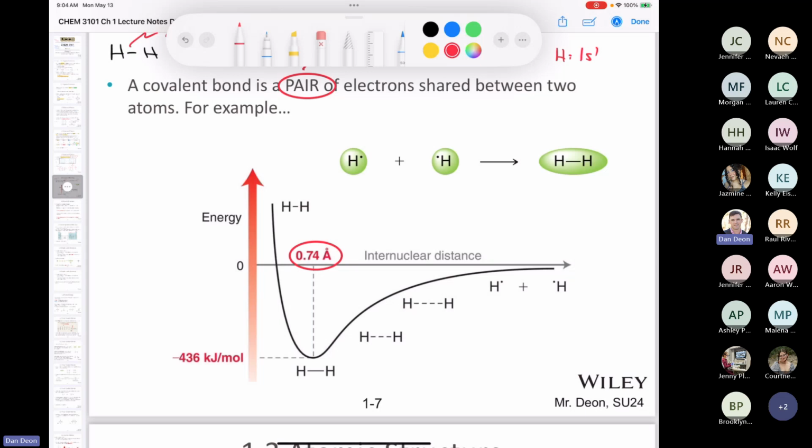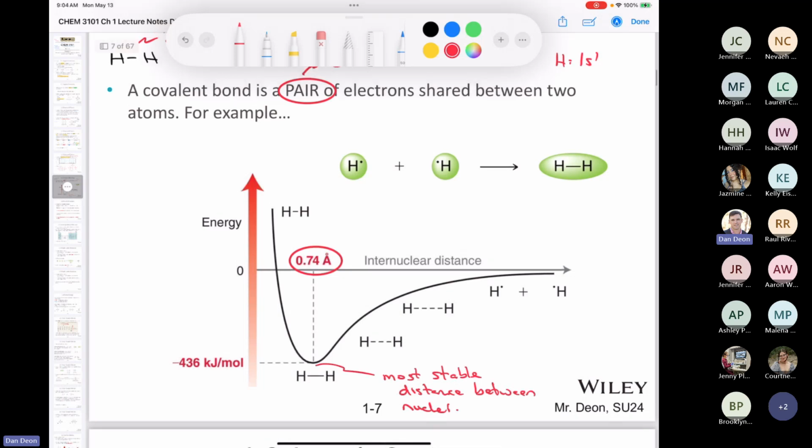Now, this is the most stable distance between the nuclei, and that is how we measure bond length. We say, well, the most stable distance that you could have between them is 0.74 angstroms, and so that is the bond length in the H2 molecule, and you can see that it achieves a more stable state.